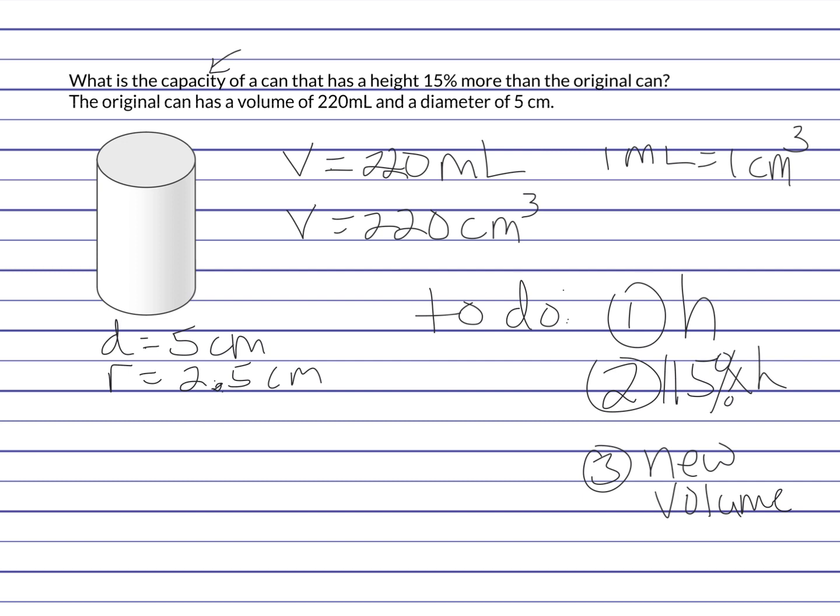So I'm just going to add a page on here. For the new page, we need to find height. We have our formula for a cylinder: volume equals pi r squared times h.